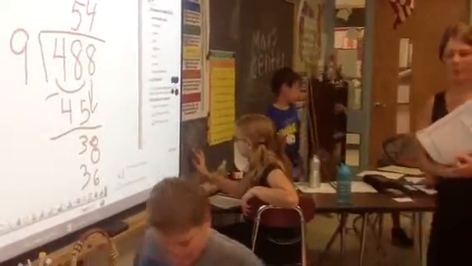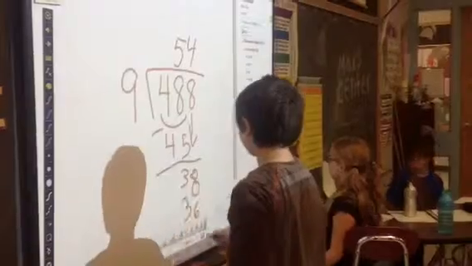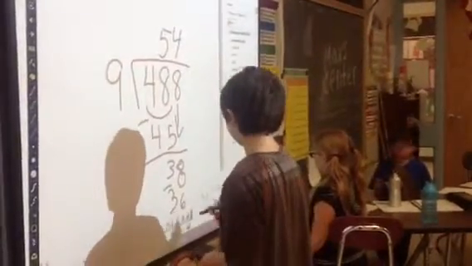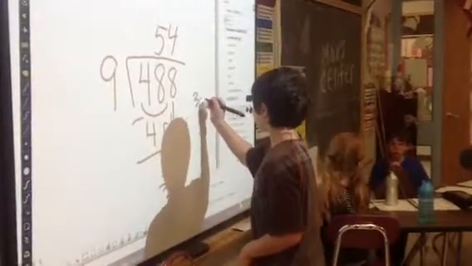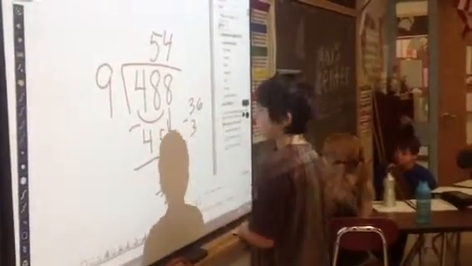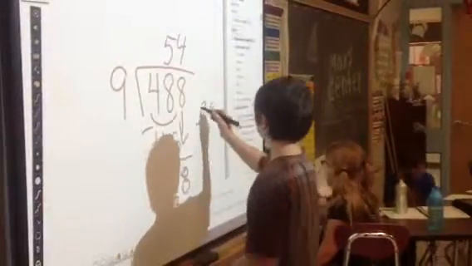All right. Who's up? Someone's up. I'm up. So you subtract. Now you're down. 36, 38. Whoops. Yep. The biggest number goes at the top.